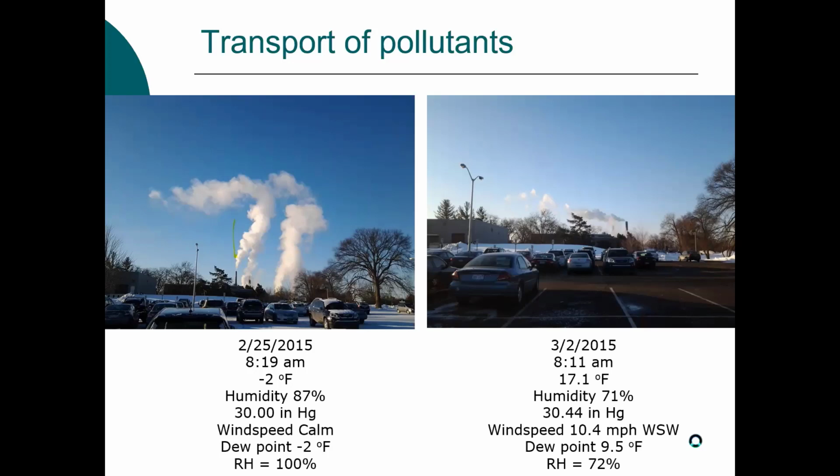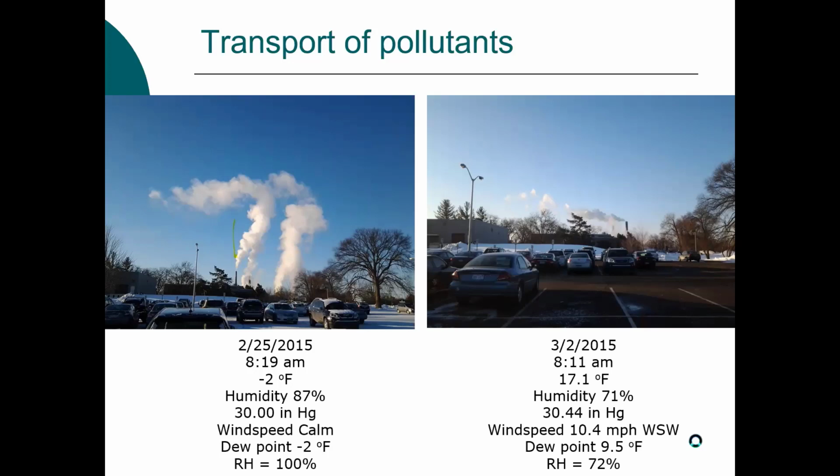So looking back at the images that I showed you during the meteorology lecture, we have two mornings, one in February, the other in March in 2015. And what you see is actually very different temperatures.